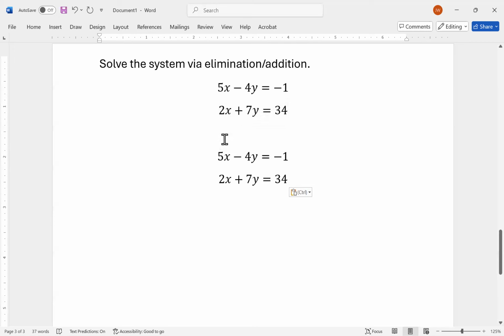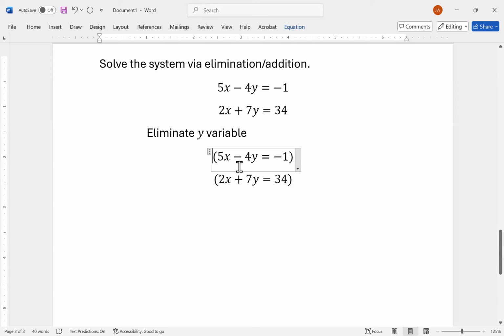Now I decide whether I want to eliminate the x or eliminate the y. You can do either, but I'll eliminate the y variable. So I look at this first equation and I'll write parentheses around it. Then I'll write parentheses around the second equation.